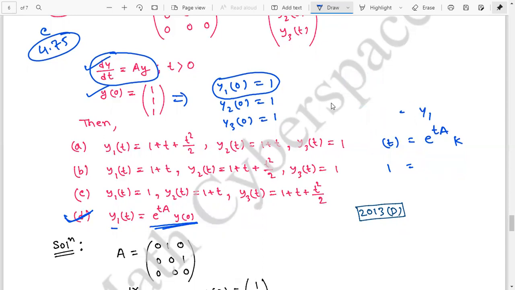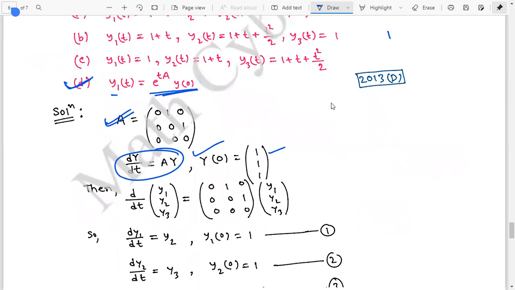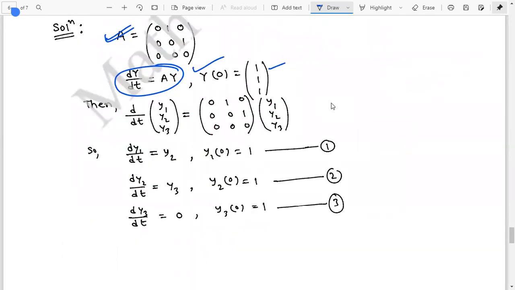The given coefficient matrix is A. This is our given matrix A, and dy/dt equals Ay, and y(0) equals this, which is the initial condition. So from here, the first equation is dy1/dt equals y2, and the condition is y1(0) equals 1.